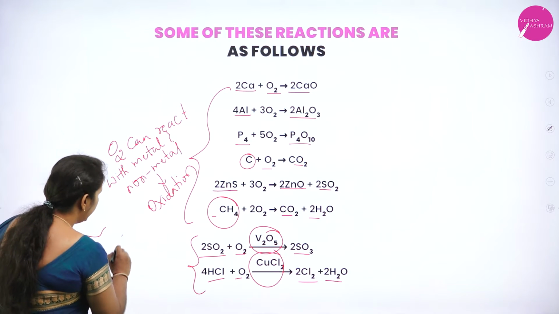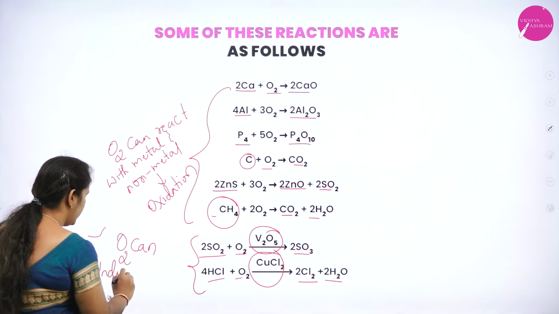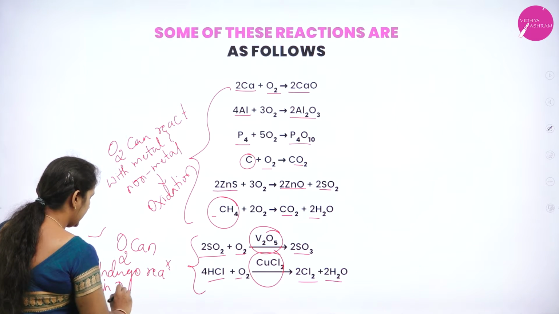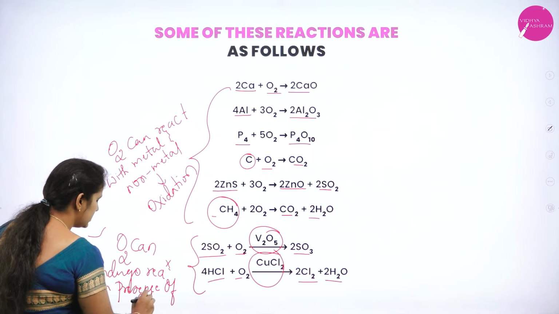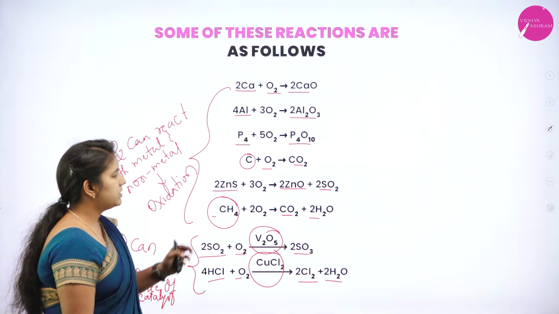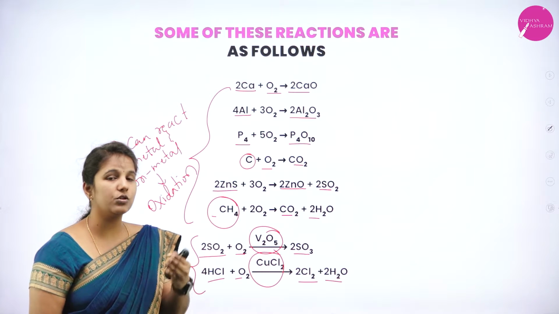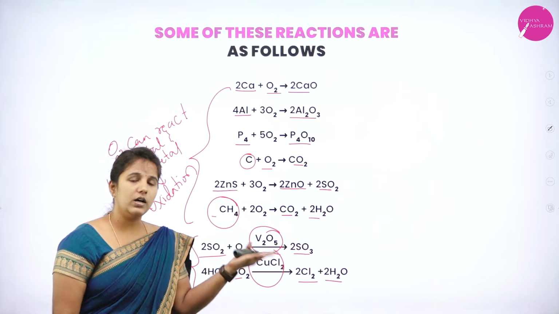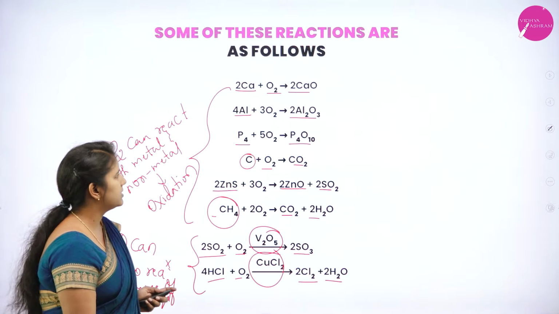This indicates that dioxygen can undergo reactions in the presence of a catalyst, forming a different product. So this is how dioxygen reacts with metals and non-metals in oxidation reactions. It can also react with other elements to form complex compounds, where the reaction is catalyzed by a particular catalyst.